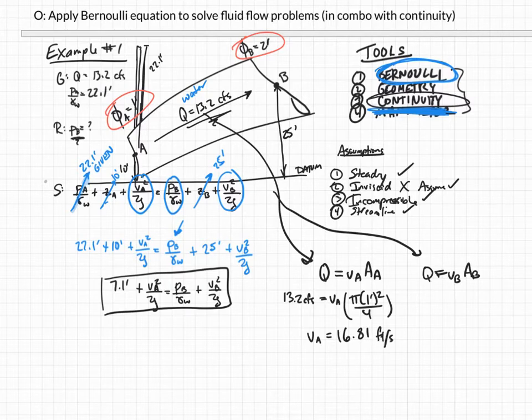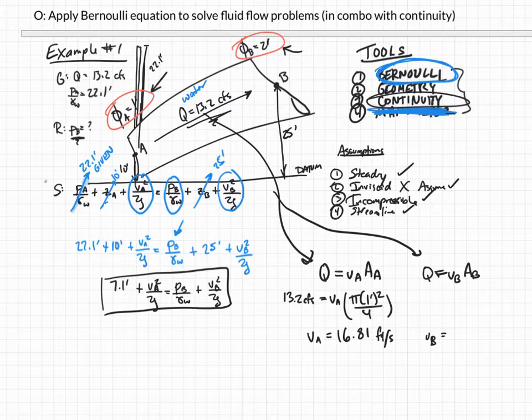feet per second. Now I could do the same exact procedure to get VB, but I'm not going to because it's quicker, for me at least, if I note that this diameter is twice as large as this diameter, which means that the velocity is going to be 1/4 as big.